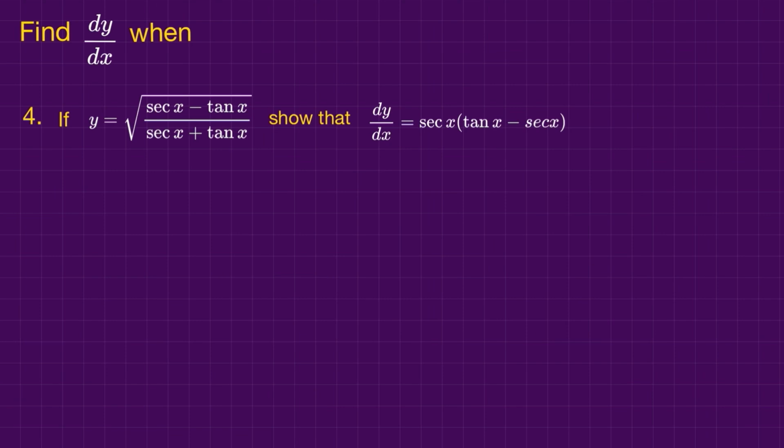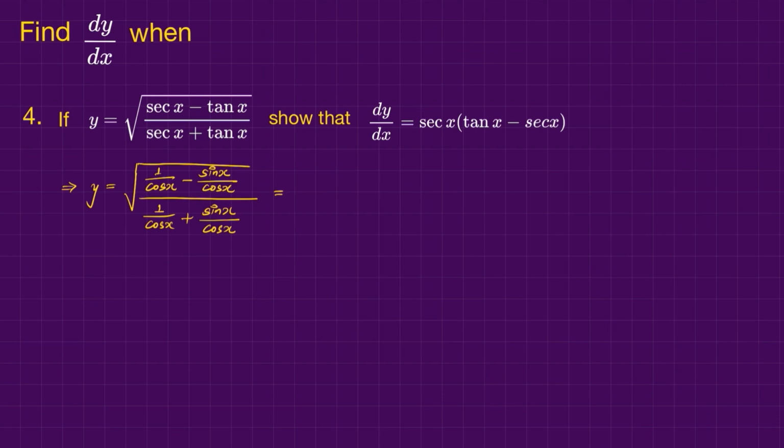Before differentiating the given function, let me simplify it first. Let me write the value of sec x as 1 over cos x, and tan x as sin x over cos x, in the numerator, and similarly in the denominator, 1 over cos x plus sin x over cos x.